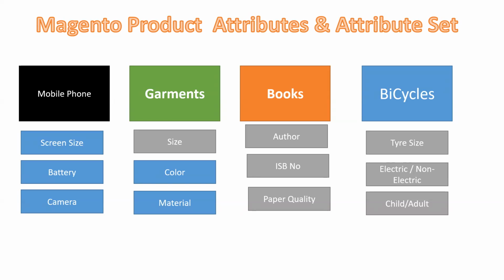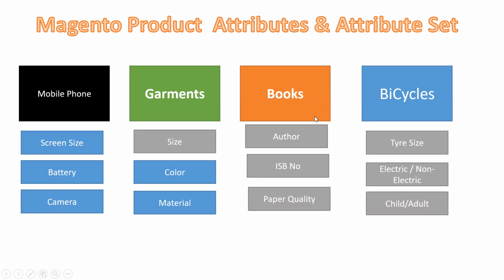Suppose there are a few attributes. For example, for mobile phones you need to add screen size, battery, and camera, and for garments you need to add size, then color, then material. These two are totally different. Same way, if you are going to sell books, then you need to enter book name, book description.